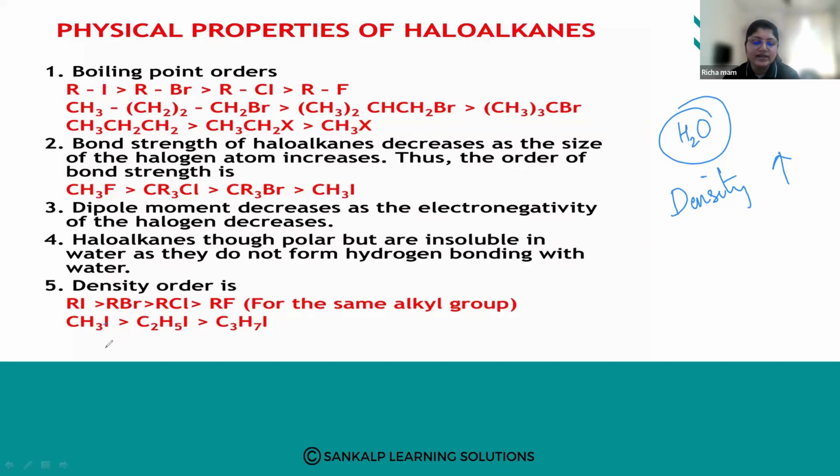If you are comparing iodides, methyl iodide will have more density than ethyl iodide and then propyl iodide. You can see this for the same alkyl group.